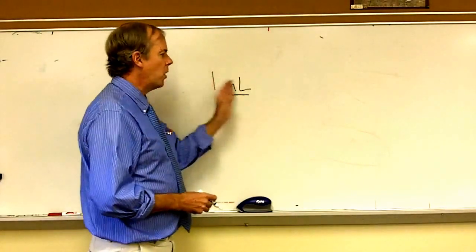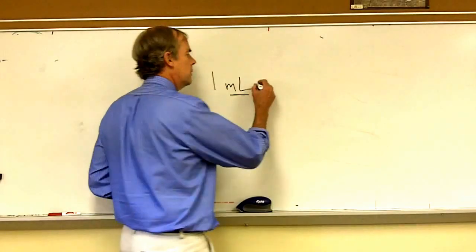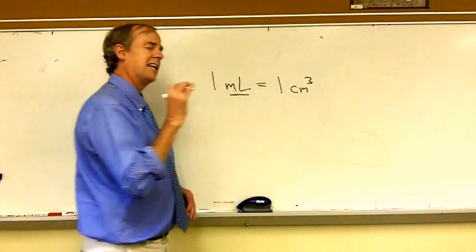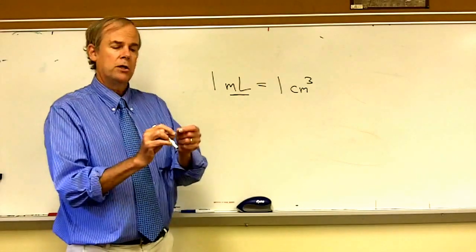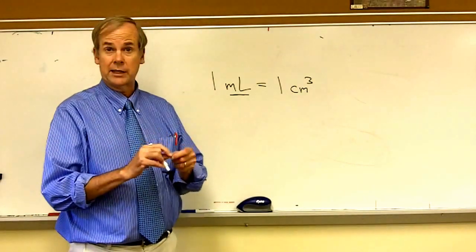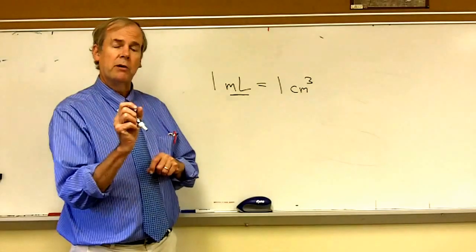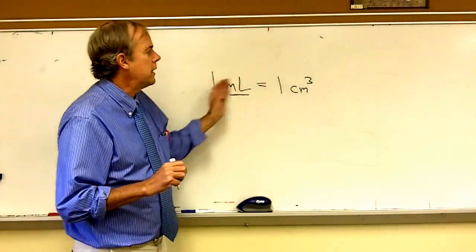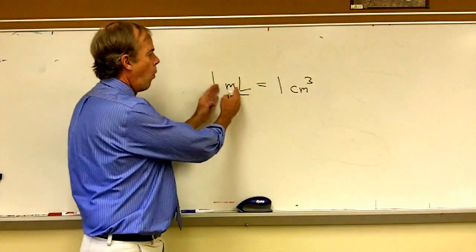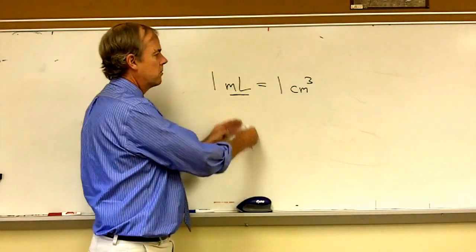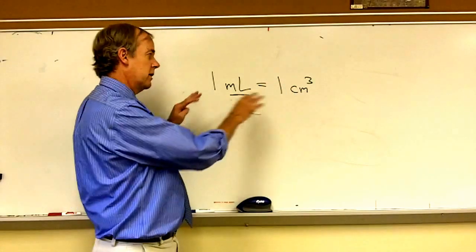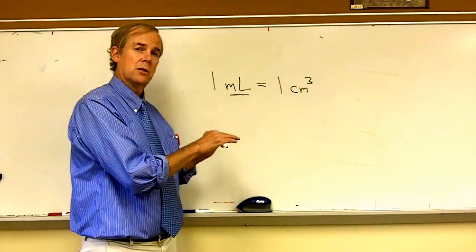But one of these one-dimensional fluid units equals, by definition, a cubic centimeter, which is, of course, a three-dimensional length. 1/100th of a meter by 1/100th of a meter by 1/100th of a meter. And this is a critical link between one-dimensional fluid volumes and three-dimensional volumes of space. It allows me to convert back and forth between the two.